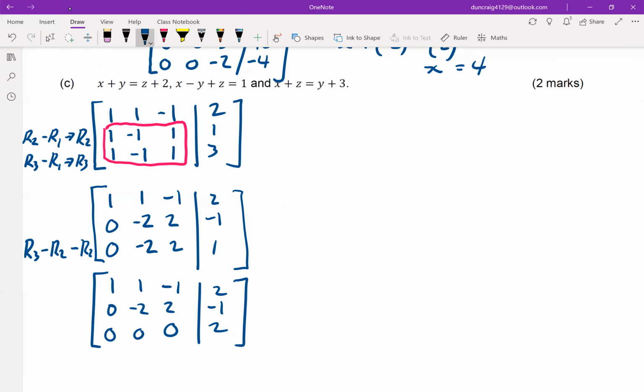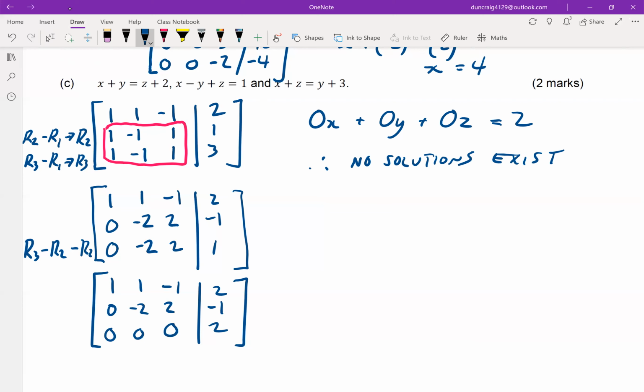So therefore I can say that 0x plus 0y plus 0z equals 2. So let's say it doesn't work. So I can say, well, therefore no solution exists in this scenario here.